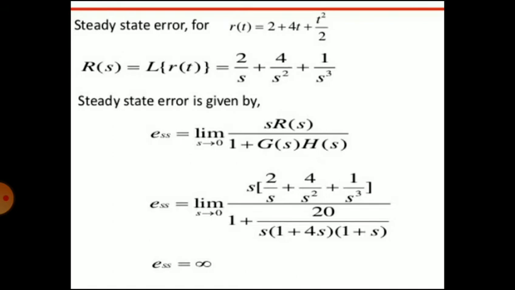Taking the Laplace transform of the reference input, R(s) equals 2 upon s plus 4 upon s square plus 1 upon s cube. Putting R(s) in the expression and taking the limit, we get ESS equal to infinity. That is the solution to problem 1.